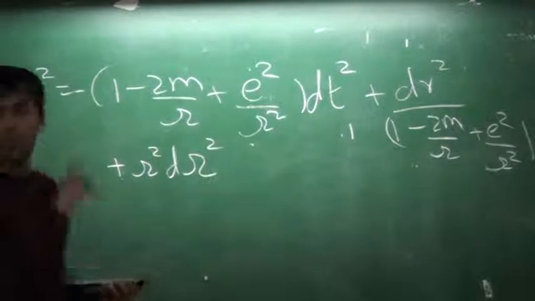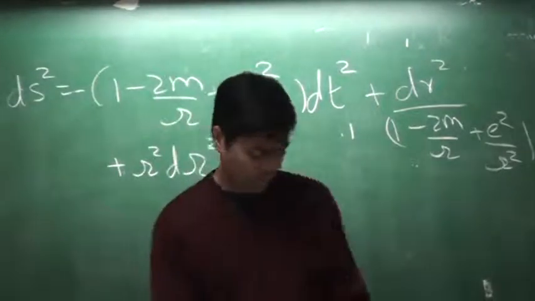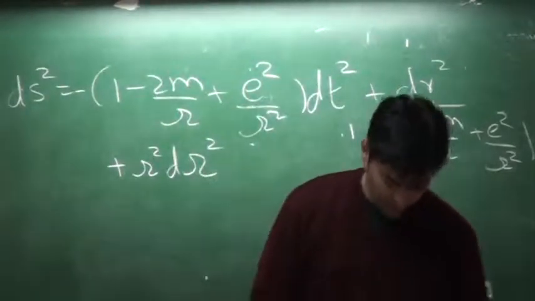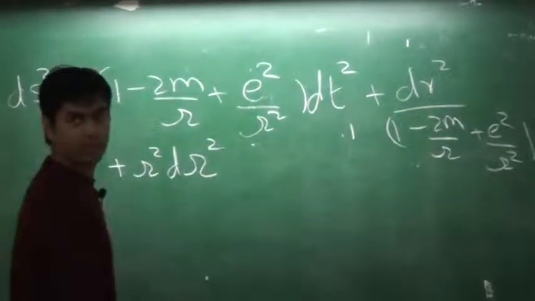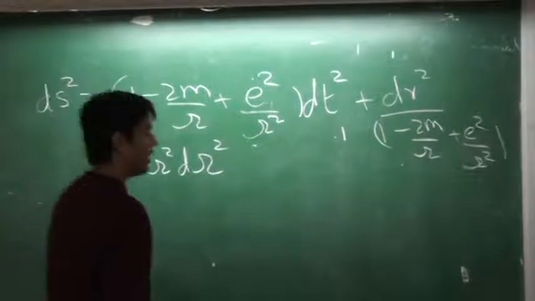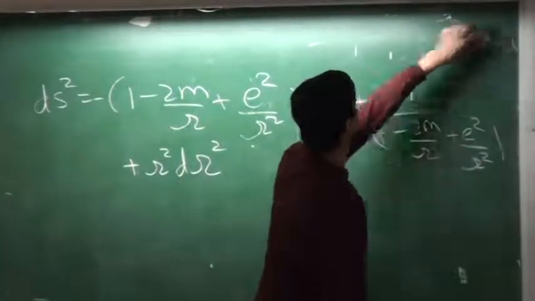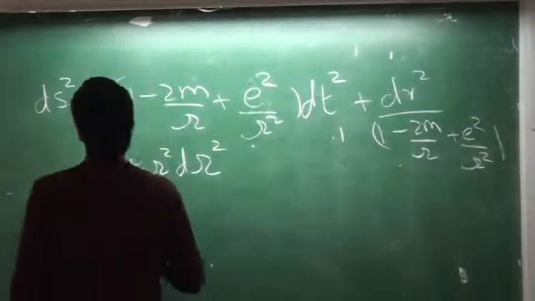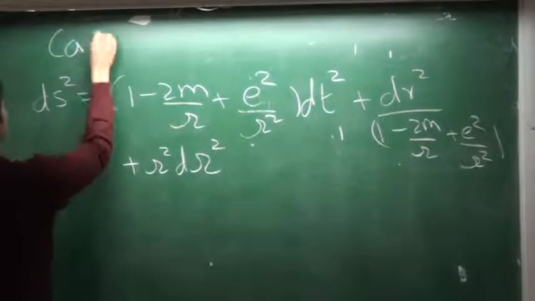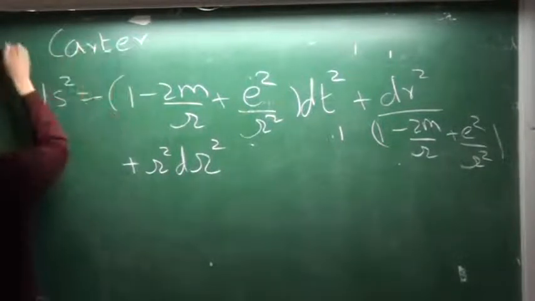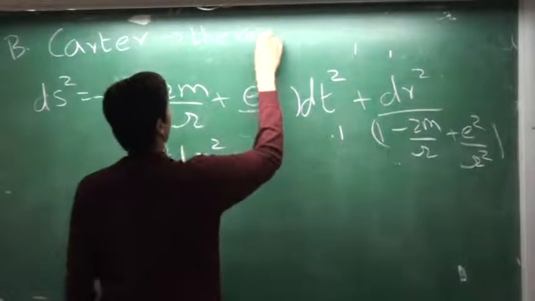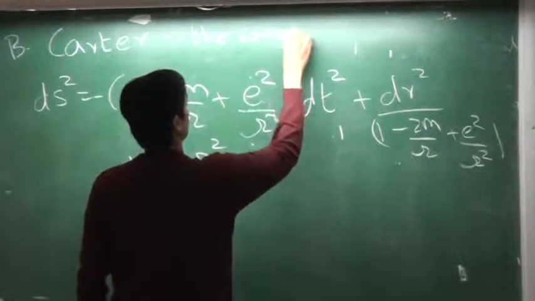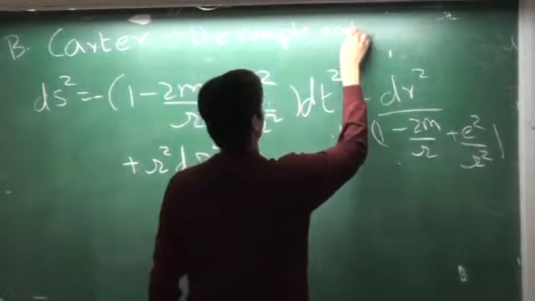Remember, this is the Reissner-Nordstrom solution. If you really want to look at this in detail, there's a paper by Brandon Carter, which is called analytic extension of the Reissner-Nordstrom.